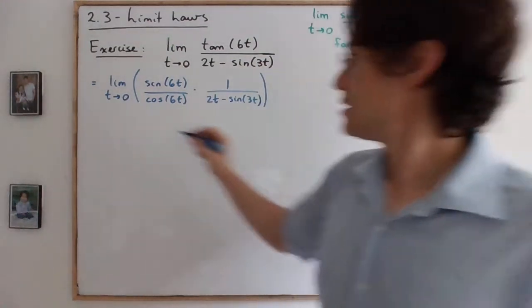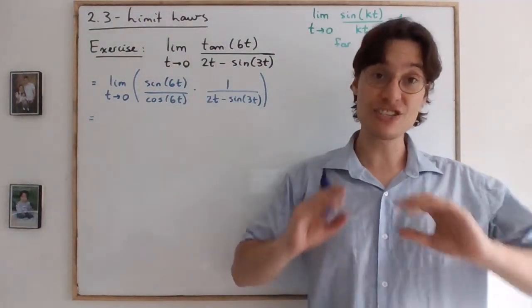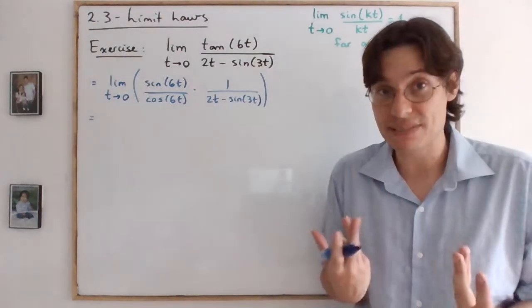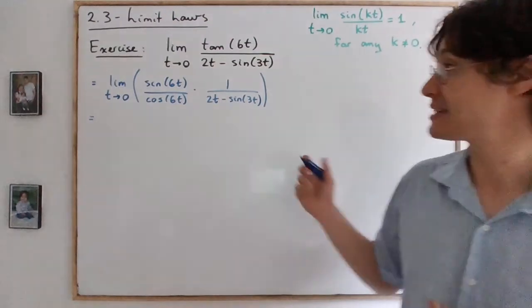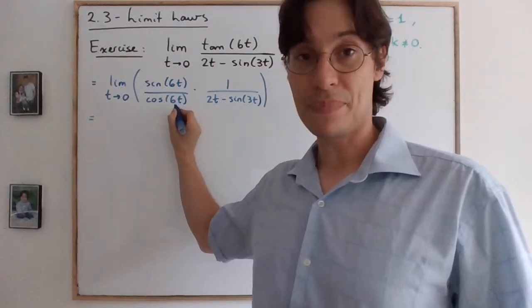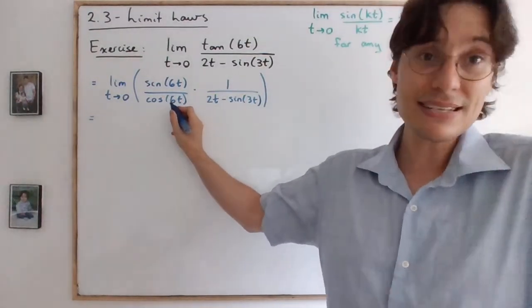Okay, so now each time you have something that's not an indeterminate form, for which direct substitution doesn't give 0, you can actually remove it from the limit. And here's how you do it. So look at this cosine of 6t. If you replace t with 0, this is giving you 1.